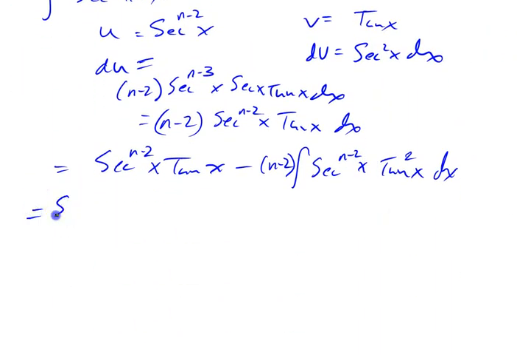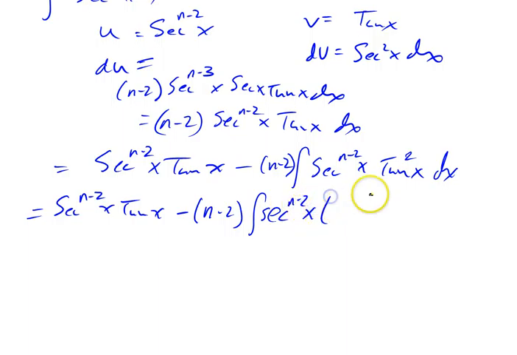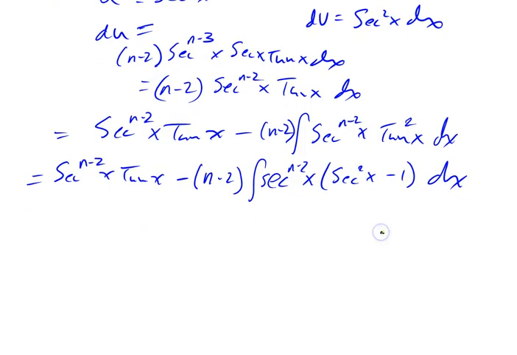So I've got secant to the n minus 2 x tangent x minus n minus 2 times the integral of secant to the n minus 2 of x, and then the tangent squared of x turns into a secant squared x minus 1 dx. Distributing that through, I'm going to have an n minus 2 power and a 2 power, so that's just going to end up being an n power.